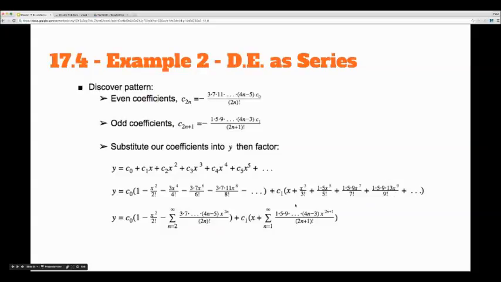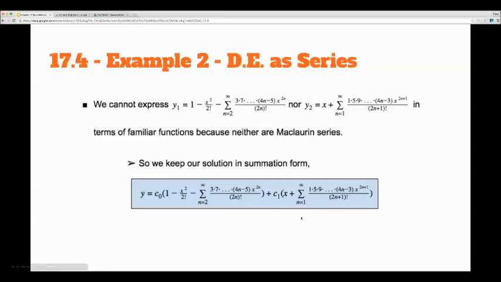And Maclaurin series, as you probably already know, are special forms of the Taylor series centered around a equals 0. So this will be the case a lot of the time, and it's okay if we leave it as it is. We have y equals c naught times our y1 plus c1 times our y2. And we can leave it like this without worrying about it, even though it looks kind of messy.